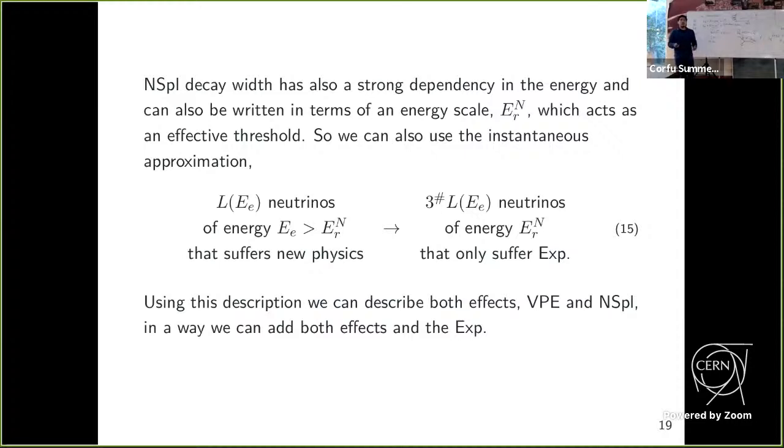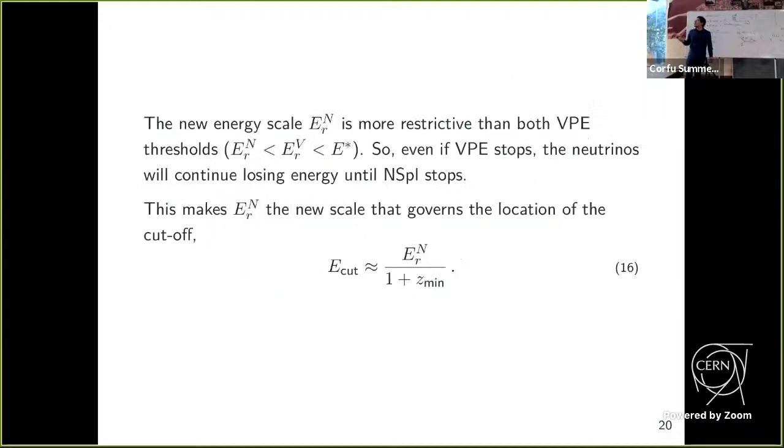Using this description, we can describe both the pair production and the neutrino splitting, and we can add the effects. So adding the effects and also adding the expansion of the universe, we can analyze the new flux, and we see that the new dominant energy scale is this new effective threshold from the neutrino splitting.